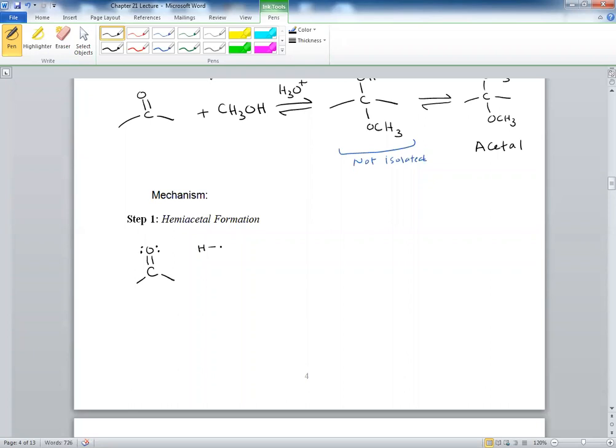You have the acid that protonates the carbonyl oxygen first. Remember, as we discussed in the acid-catalyzed addition reaction, this is to make the carbon more electrophilic.